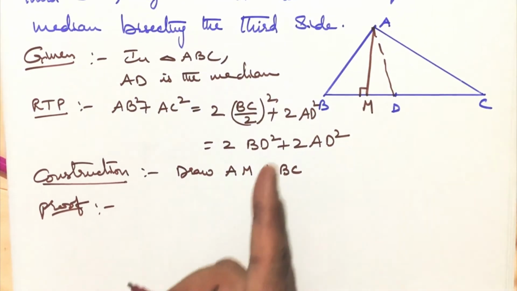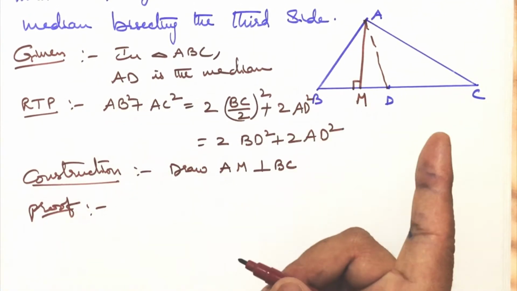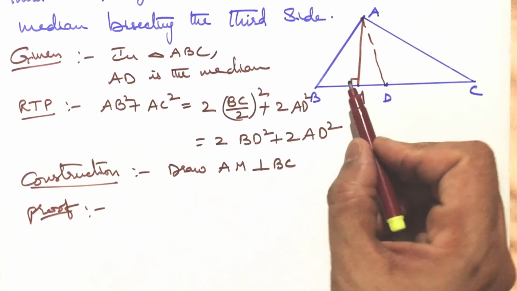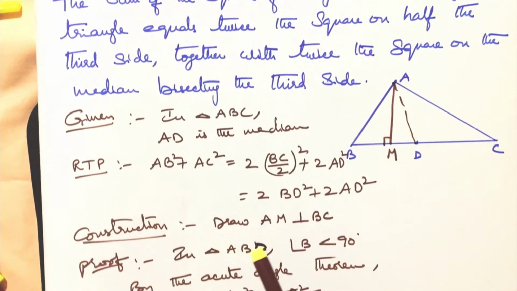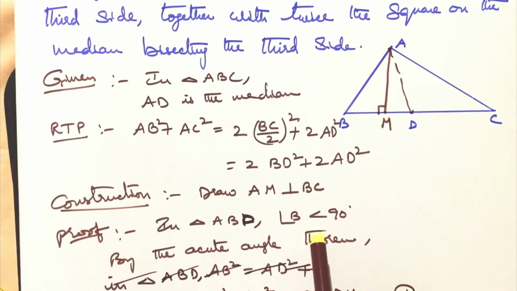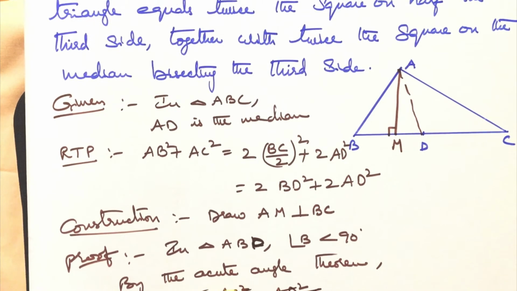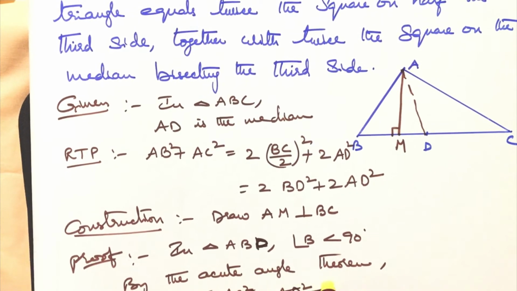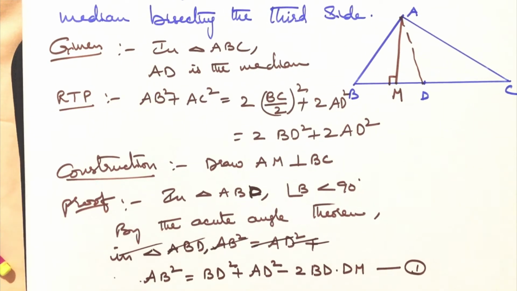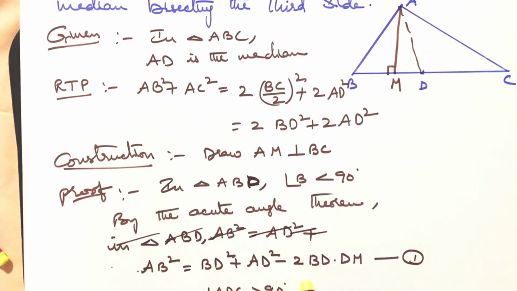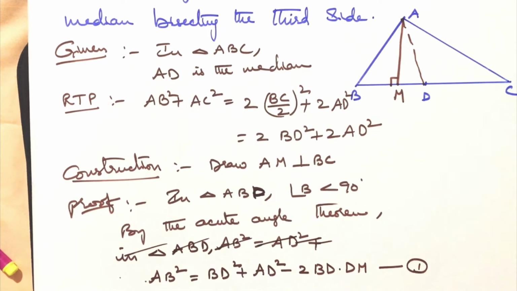When you see triangle ABC, angle B is an acute angle, right? Even in triangle ABD, angle B is less than 90 degrees. So you can use the acute angle theorem. By using the acute angle theorem you can write AB square is equal to BD square plus AD square minus 2 times BD into DM. Equation 1, let it be.